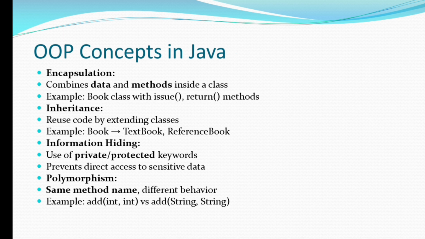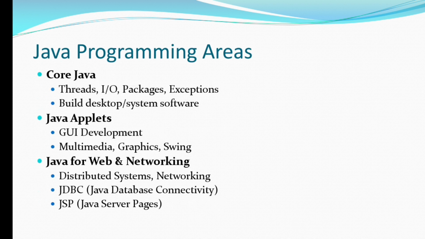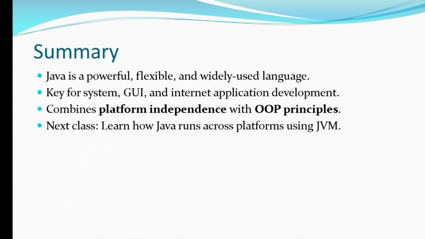Information hiding: if you want to maintain some private data, we use this information hiding concept by using private and protected keywords. Polymorphism means when you have the same method but with a different implementation, we can use the polymorphism concept to achieve that. So these are the features and applications of Java. I hope it is clear.